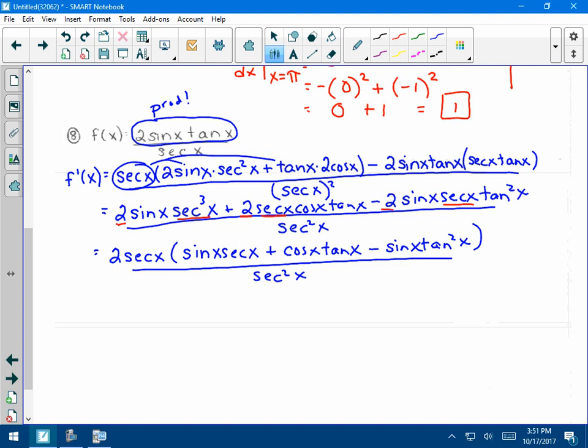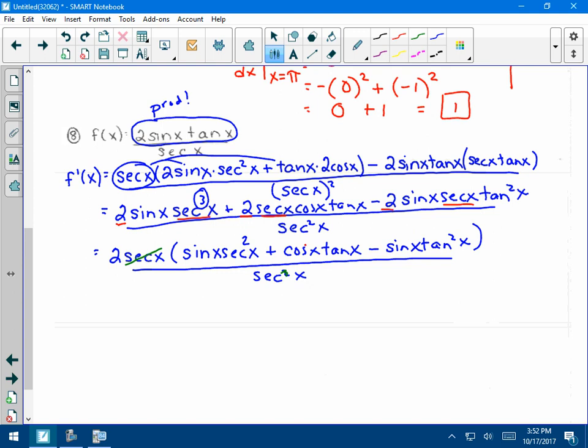Now you might be stuck. There's definitely one thing I can do. I can say this secant goes away with 1 down here. But we can also maybe clean up this part a little bit. Oops, I'm sorry, I just noticed I only took out one of these secants, so that's secant squared right there still.